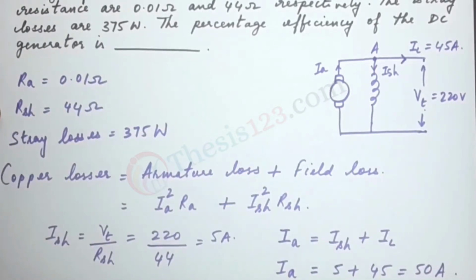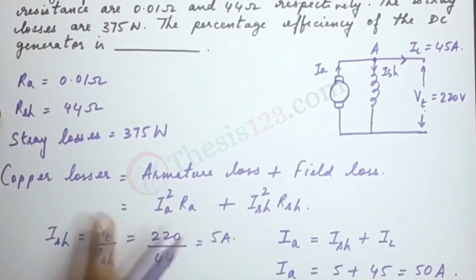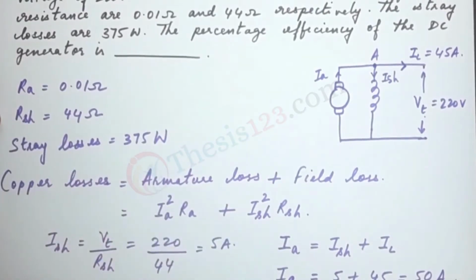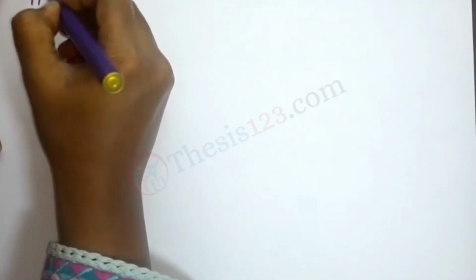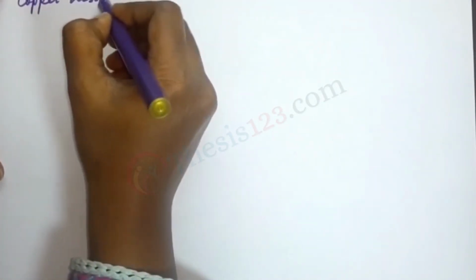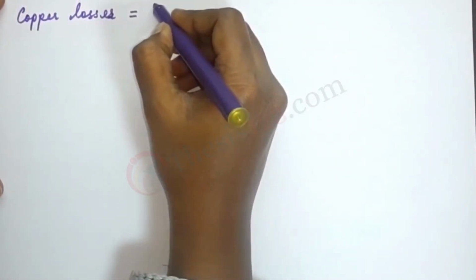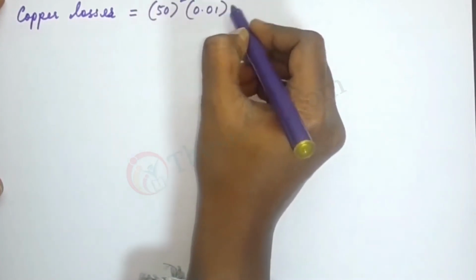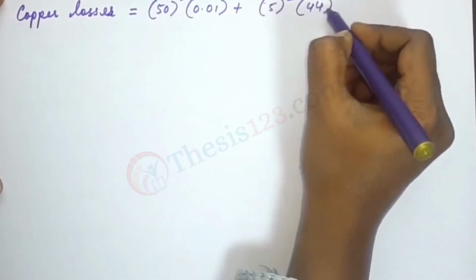Alright, so now we have Ia, Ish, Ra and Rsh, so we can find out what the copper losses are. So the copper losses equal 50 square times 0.01 plus 5 square into 44.